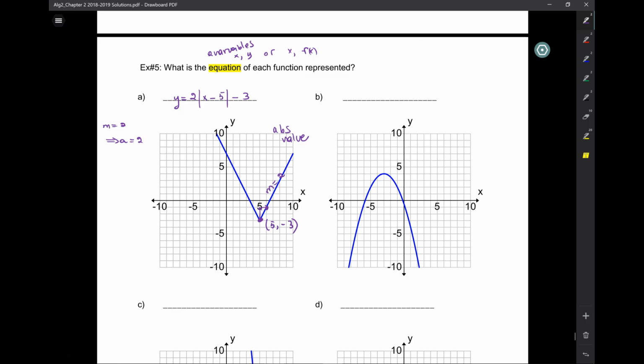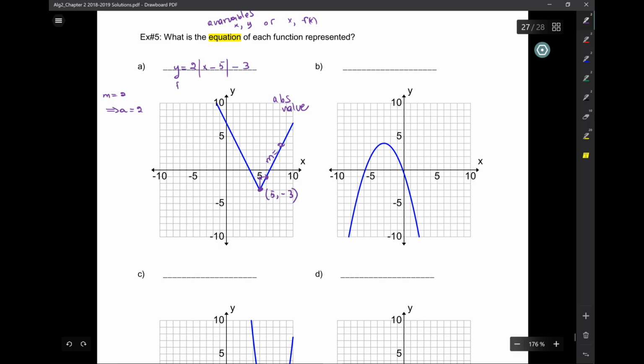Because now look, if it's x minus 5, if I set it equal to 0, I get 5. So that's full credit, or f of x is 2x minus 5 minus 3. That's full credit as well. You get the same credit for both, okay? This one, f of x, is going to move us into pre-calculus and calculus and all the higher level math. So it's good notation to be aware of.